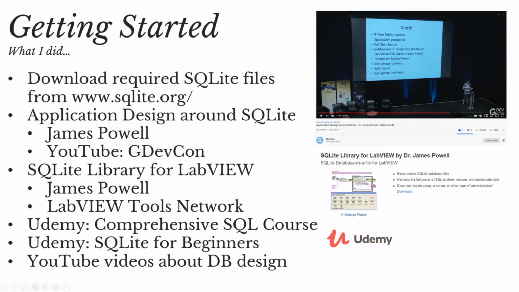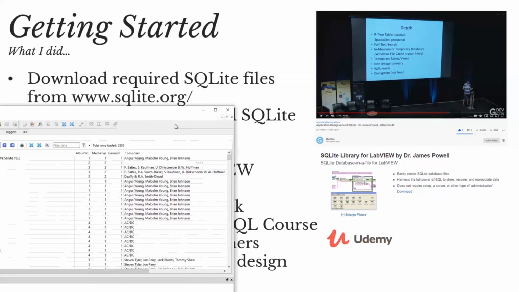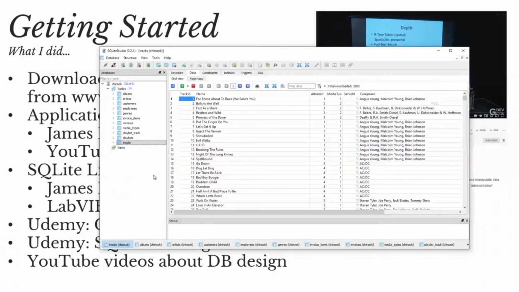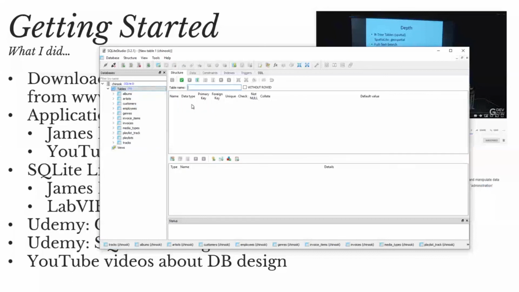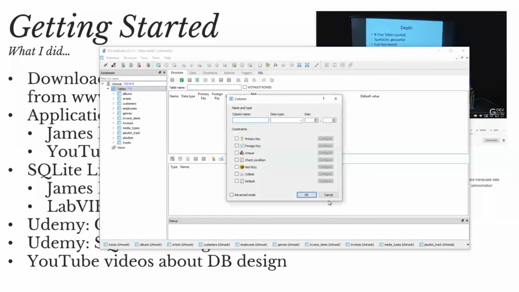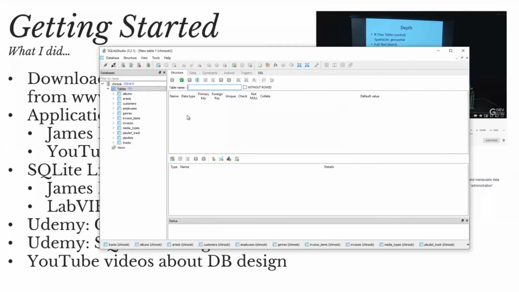I see there's a few comments in the chat here. So Shree's just asked about the desktop applications. So I use SQLite Studio, and in SQLite Studio I can create tables and then add different attributes to this table. And instead of using SQL to manually type out all of these attributes, it's all configuration based.